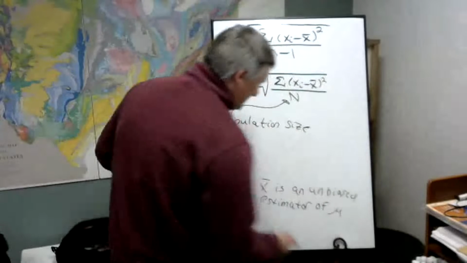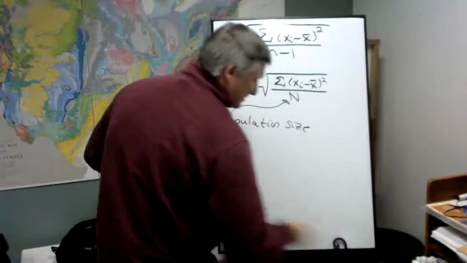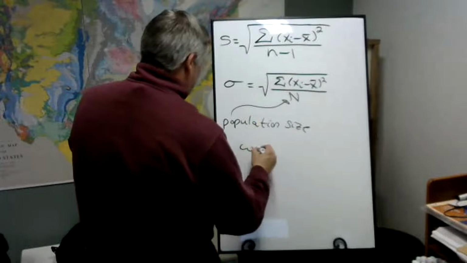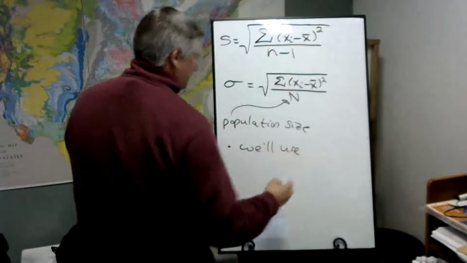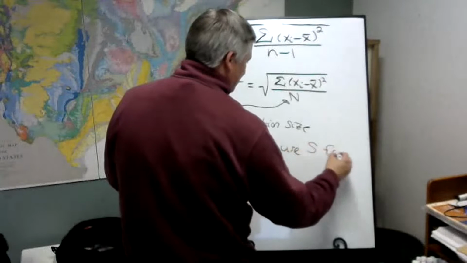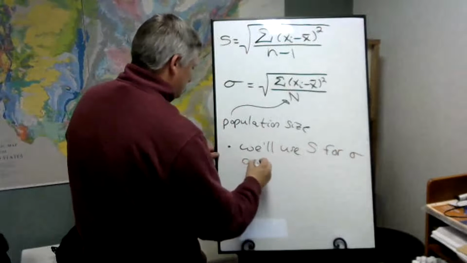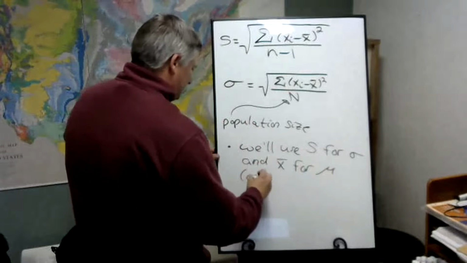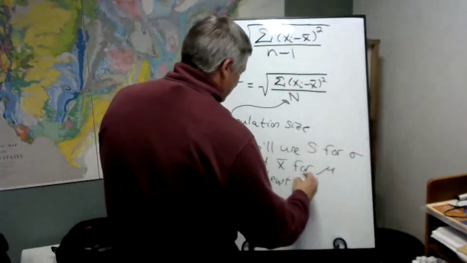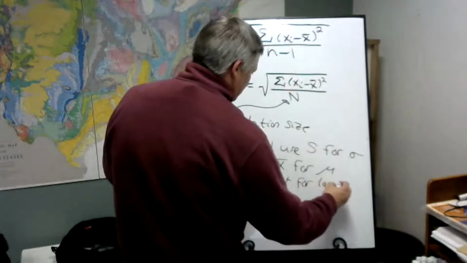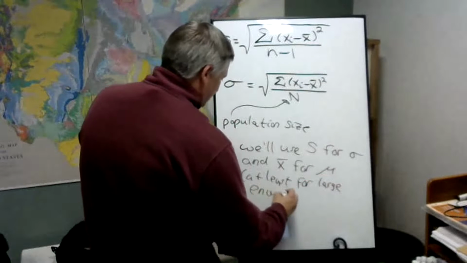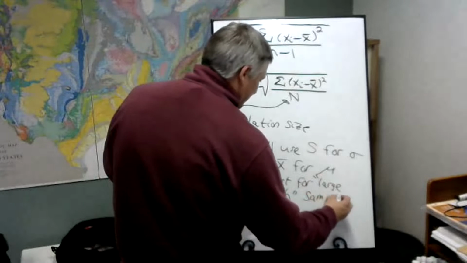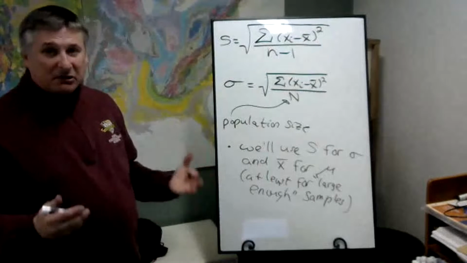So we'll use S for sigma and X bar for mu, at least for large enough samples. And the book doesn't quite explain what that's going to mean, but at least large enough.